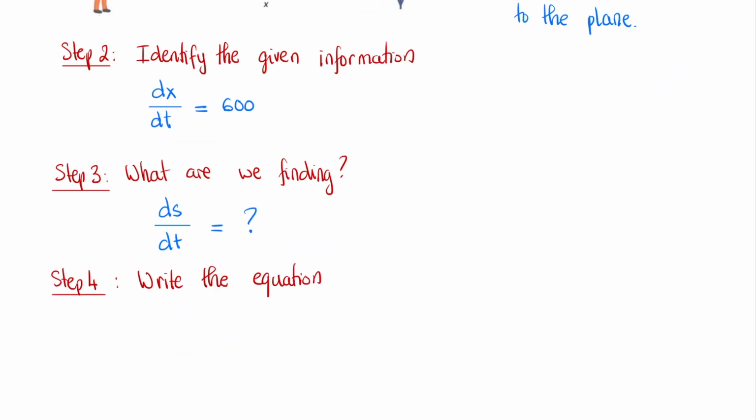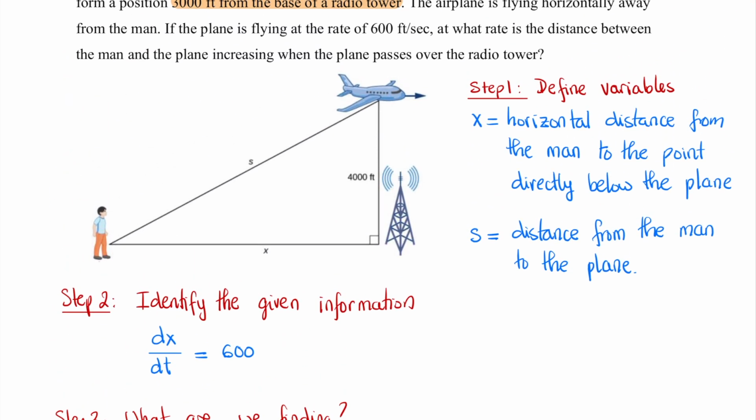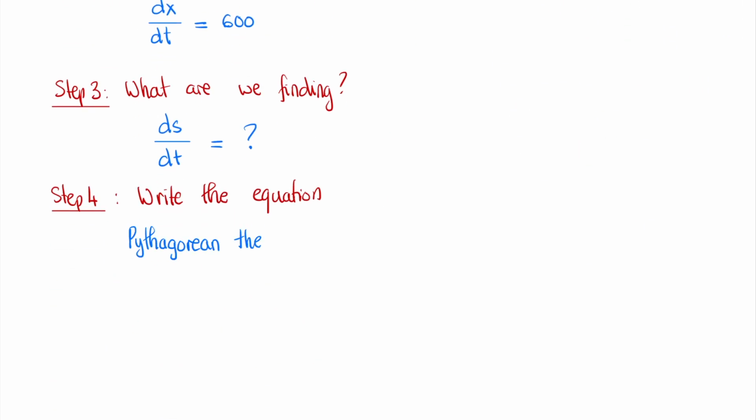Step 4, we want to write an equation that relates s and x. We want an equation that includes both of these variables, and we also know the height is 4,000, so we'll use the Pythagorean theorem. s squared equals x squared plus 4,000 squared. s and x change as the airplane moves. 4,000 is a constant.